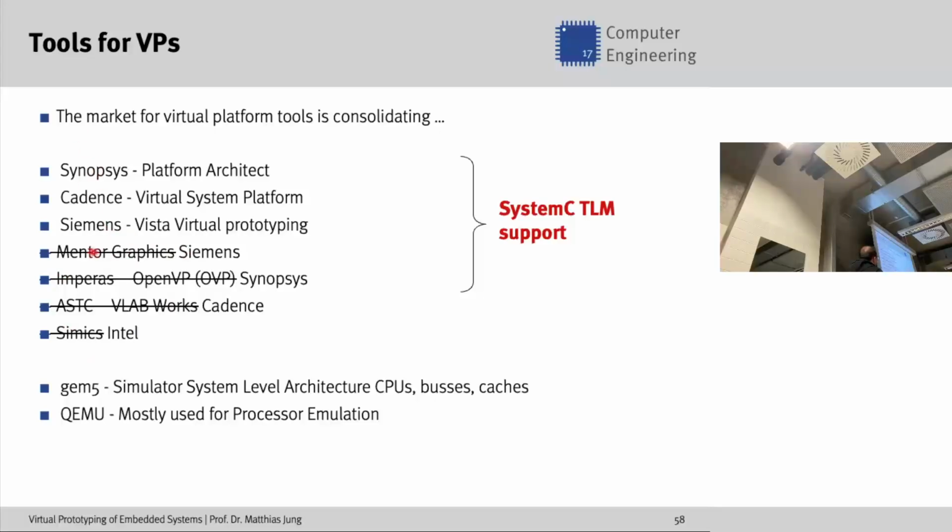Siemens acquired Mentor, Synopsys acquired Imperas, ASTC was acquired recently by Cadence, and Symix was acquired by Intel. So some of these virtual platform solutions built on top of SystemC are now gone, and there are basically 3 vendors that have the usual tooling. That's the commercial market, I would say.